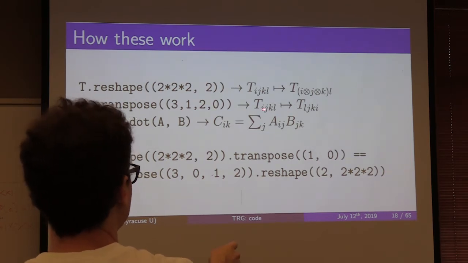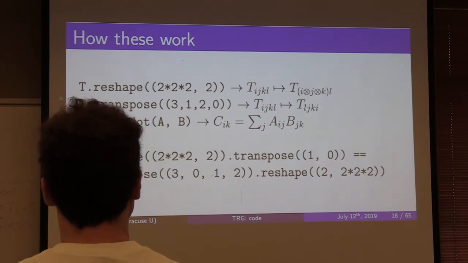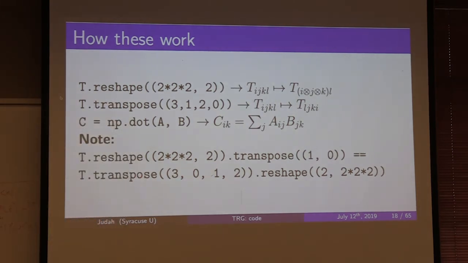When you do matrix multiplication, this is what it looks like. You sum over this intermediate index. This is dot. And an important thing is that transpose and reshape commute in some way. So if you reorder the first 3, and then I transpose these 2 indices, that's the same as me putting these 3 over here, and the last one to the front, and then reshaping them into the 2 and the 3 together. Okay?